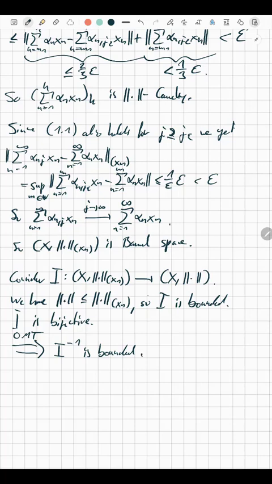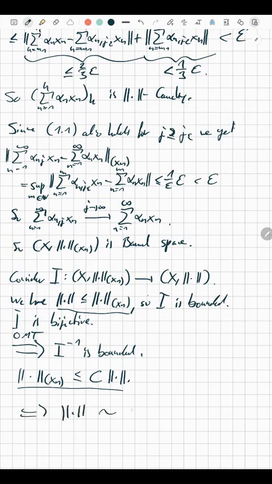And thus, there must be a constant such that this norm is smaller than that constant times the other norm. And now, with this and this, we can conclude that the norms are indeed equivalent. And we finish the proof.